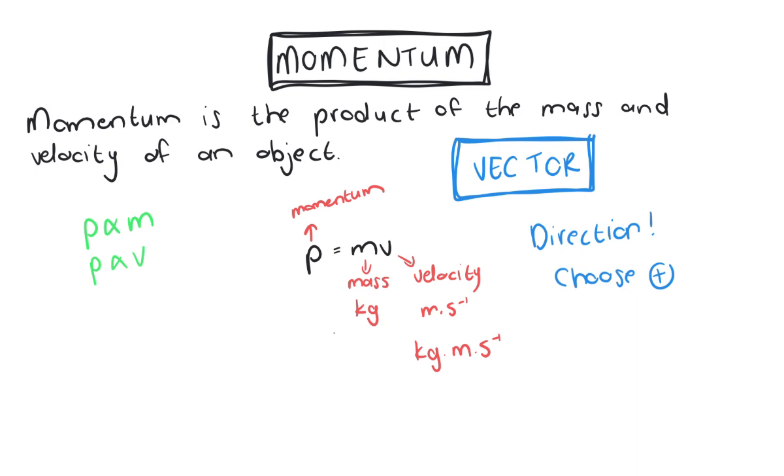So for example, a truck moving at 120 kilometers per hour has a lot more momentum than a car traveling at the same speed. So the truck will be a lot harder to stop, or if you get into an accident with a truck, the force that you will experience will be way larger, but we will look at force in a later video.